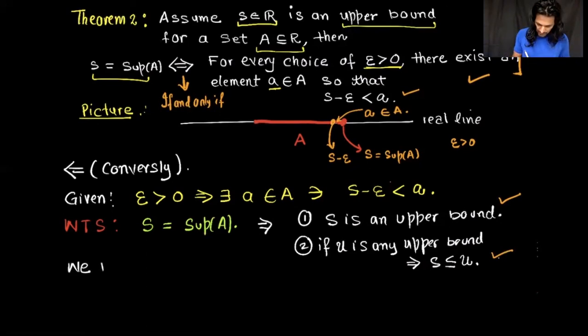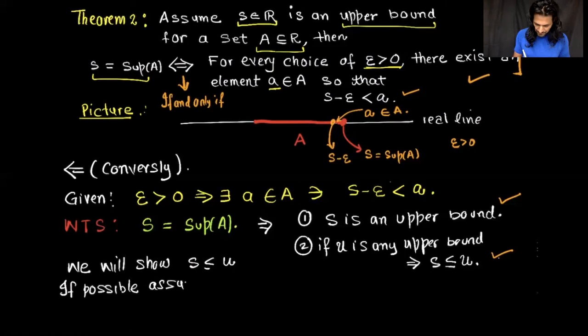We will show S is always less than or equal to U. If possible, assume S is strictly greater than U. So we will prove this assertion number 2 by using the method of contradiction.